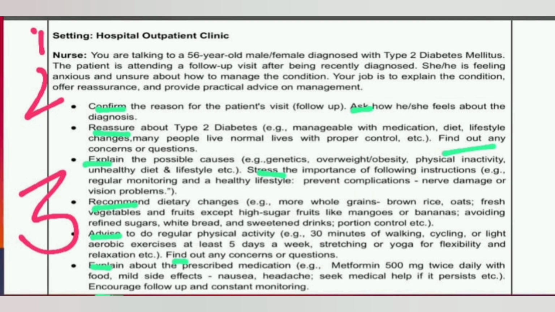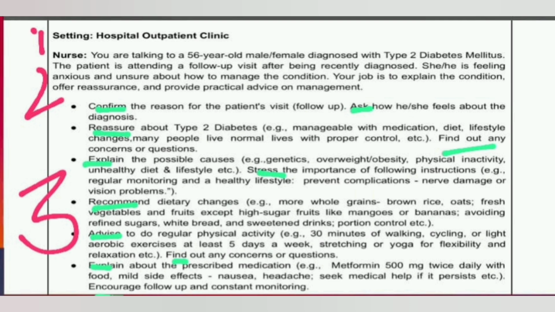As we ask the patient to find out any concerns, as we ask whether he or she has any particular thing or query to ask, then the patient will reply that he or she has a concern regarding the causes. So as a nurse, we can say, yes, I totally understand that you have a concern about causes. So let me explain that there are various possible causes regarding diabetes mellitus.